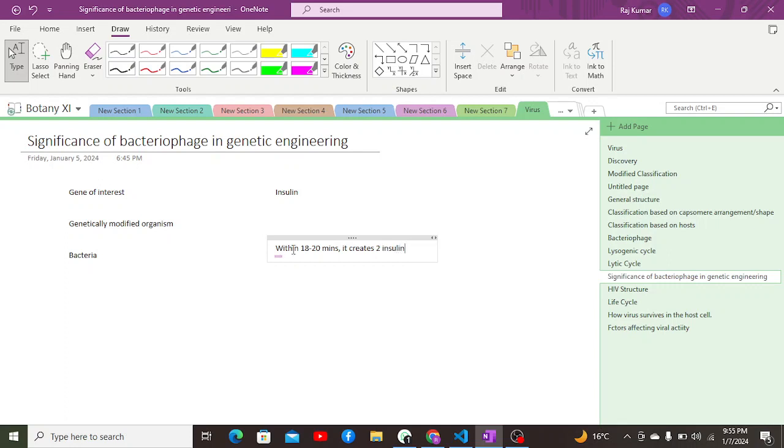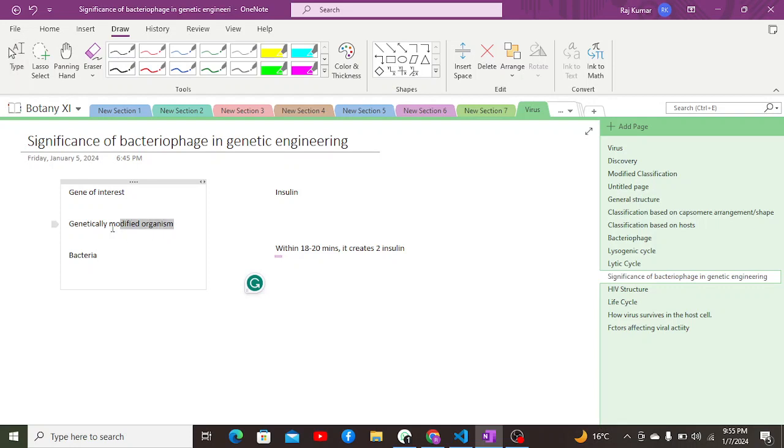So see how fast this rate is. In a prokaryotic cell, first and foremost, it has a simpler structure, so it is easy to inject, as well as a high rate of reproduction, and it also has a circular DNA, due to which it is easy to insert within bacteria.